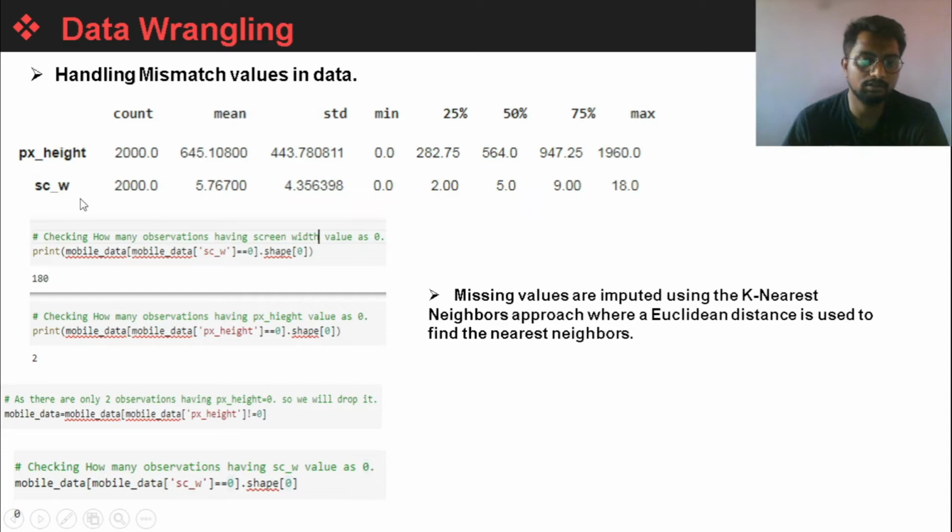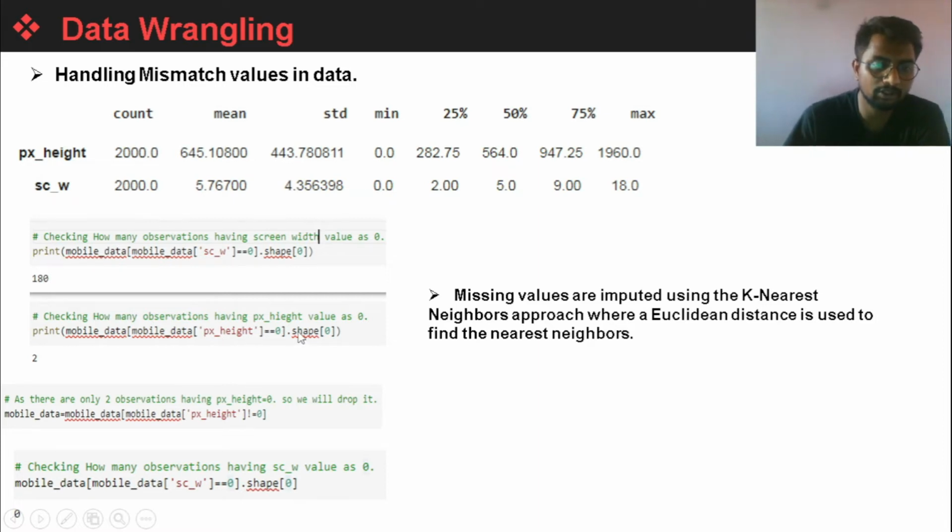The mobile will have some width and pixels will have some height, so it is not possible to have 0 values. So first we found out how many of these mismatched 0 values there are. In SC width, 180 values had a 0 value, and in pixel height there were only 2 values. As there are only 2 values, we drop these observations.